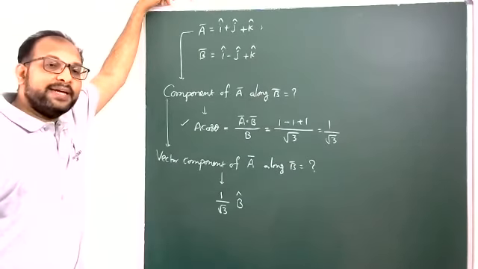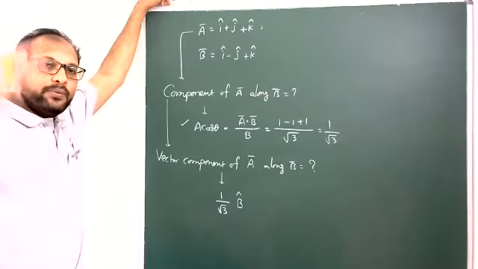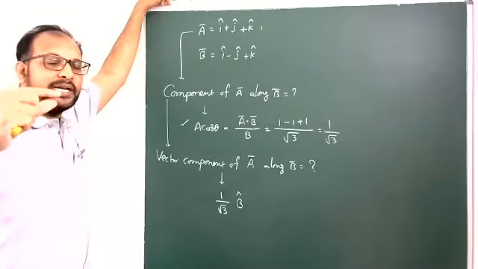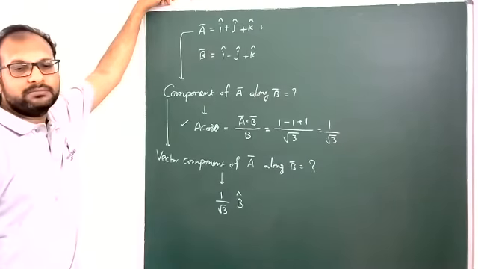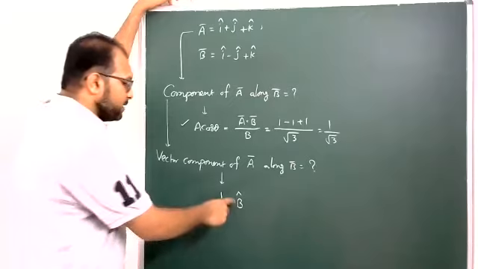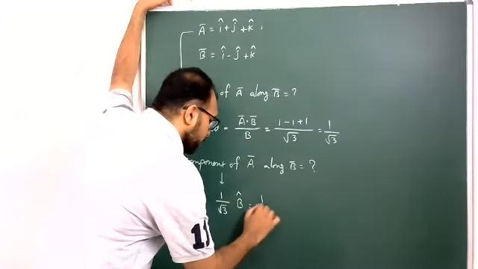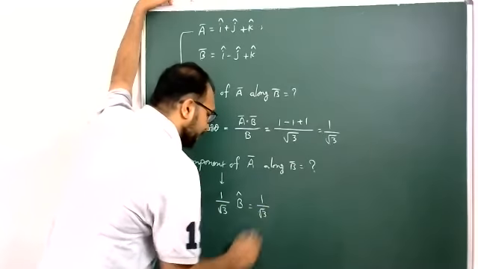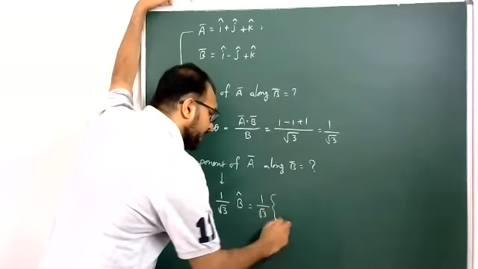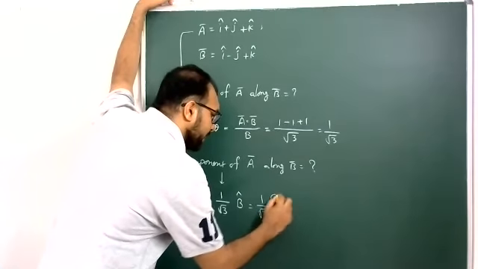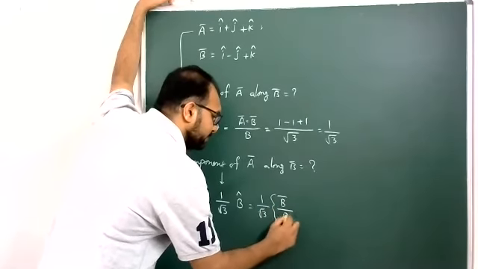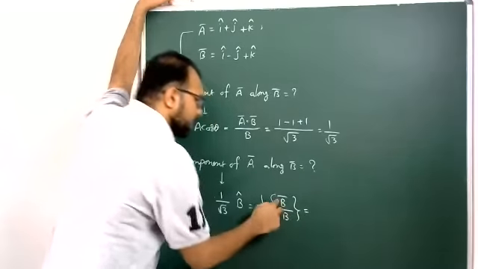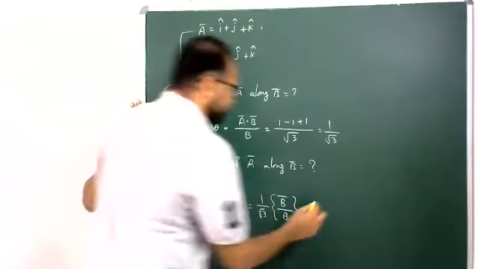But any unit vector, how do you find it? Vector divided by its magnitude is a unit vector. So B cap is 1 by root 3 into B bar. B cap means B bar divided by B. What is B bar?